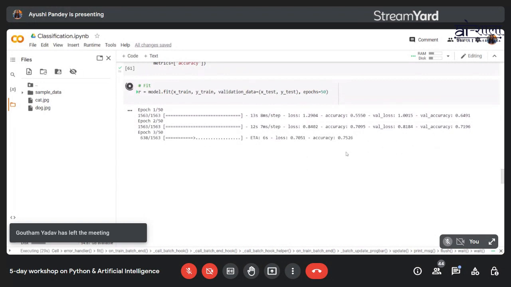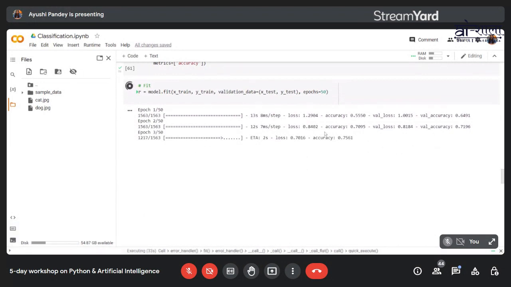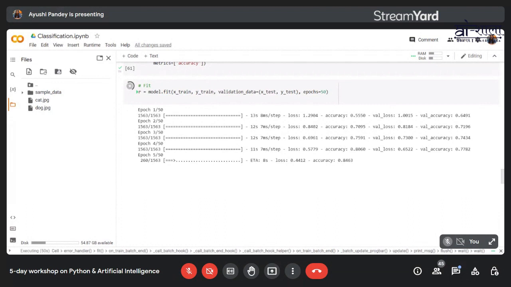You never run your model just one time. You always run your model multiple times and the accuracy increases. It will take time because it will run 50 times.